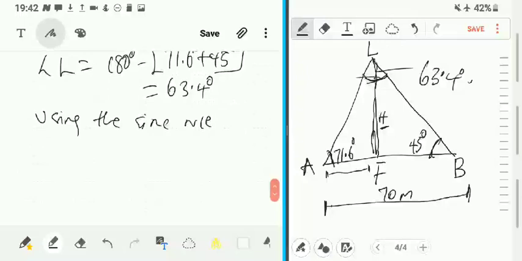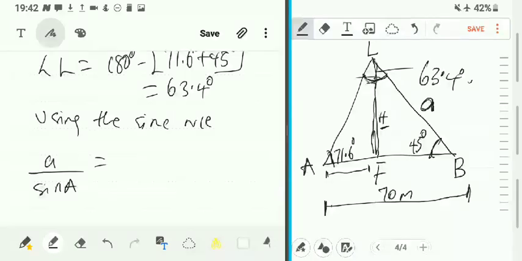So using the sine rule, actually, let me get this side first. This side, this is small a. So a over sine A equals what? Which side and which angle is fully given? This angle is given, its corresponding side is also given.